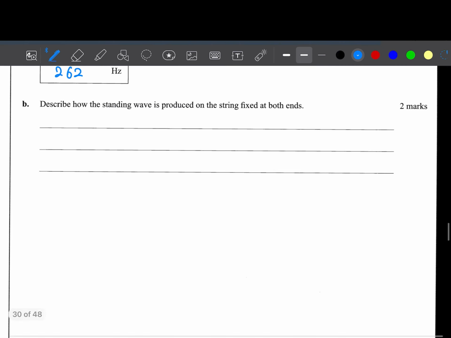262 Hertz. Describe how the standing wave is produced on the string fixed at both ends.